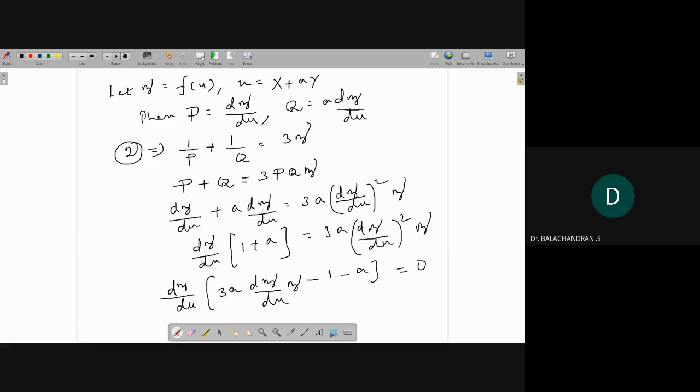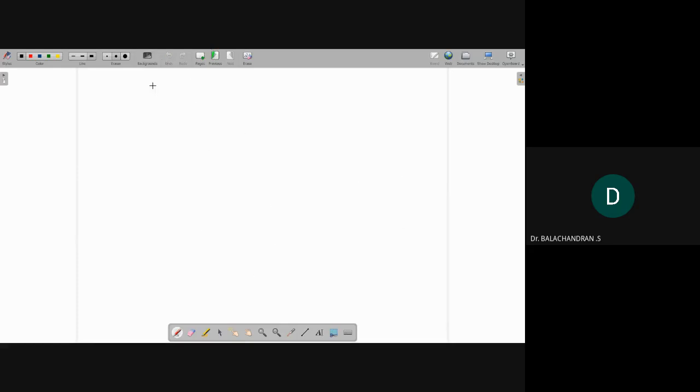Next, since dz by du is not equal to 0, from this we have 3az into dz by du equal to a plus 1. Now variables separable method.